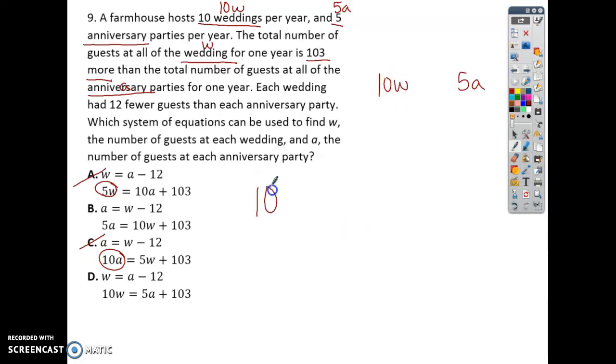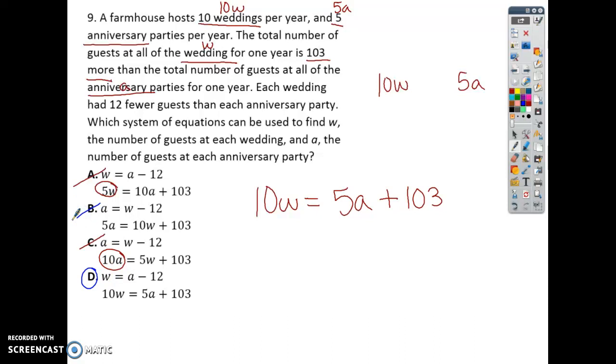That's 10W equals 103 more than the anniversaries. You have more weddings, so that's going to be 10W equals. Add the 103 more to the anniversaries. What's your answer? D says that. B does not.